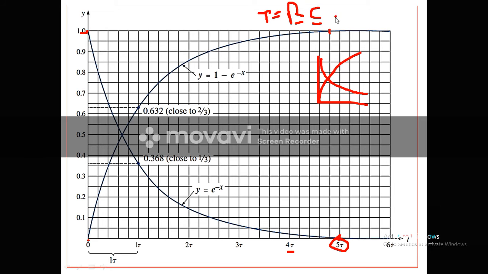So if the product of these two is, for example, 10, then 5 tau means 5 into 10, which is equal to 50.